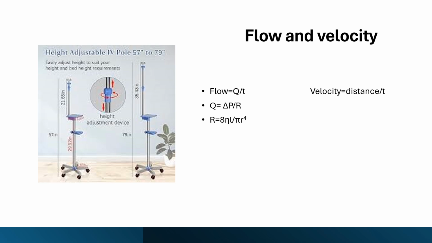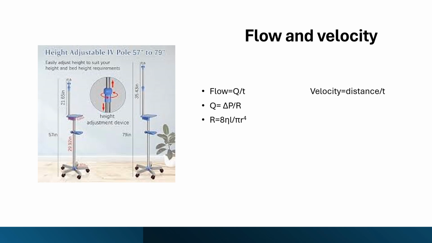The next formula is basically the Hagen-Poiseuille equation, where R is resistance, the Greek letter eta represents viscosity, L represents tubing length, pi is the number 3.14, and r to the fourth power represents the radius.